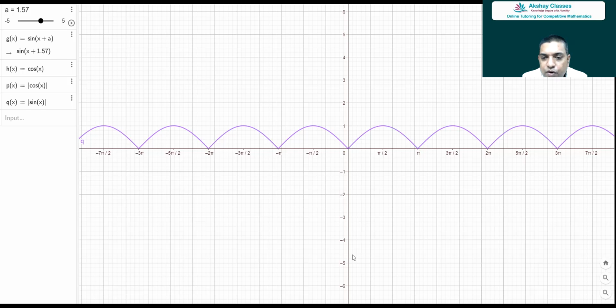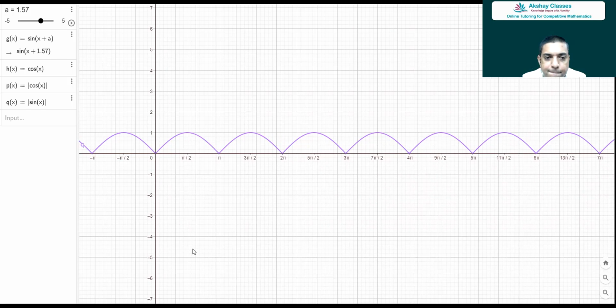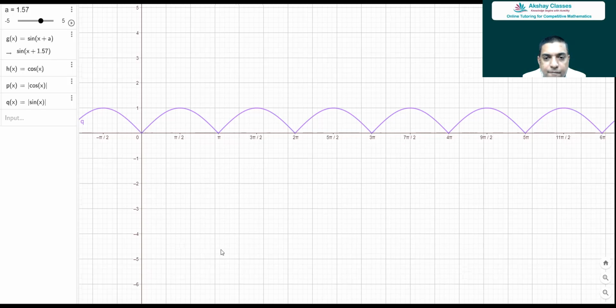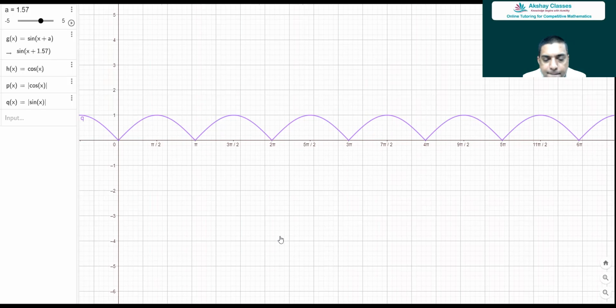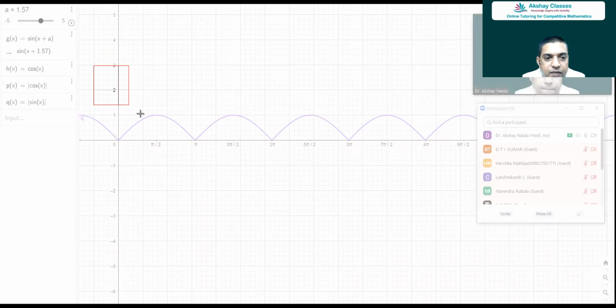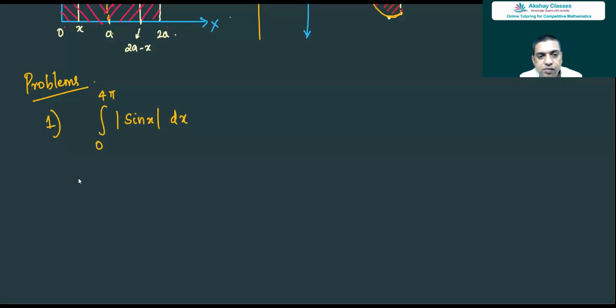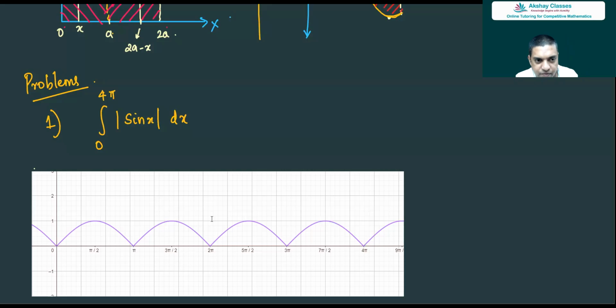Now we want from 0 to 4 pi. This is the graph of mod sin x, and this you should picturize visually.